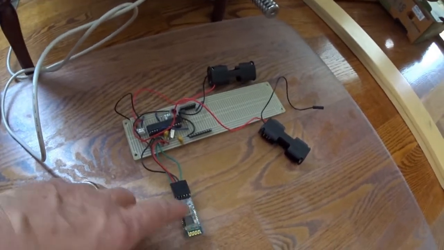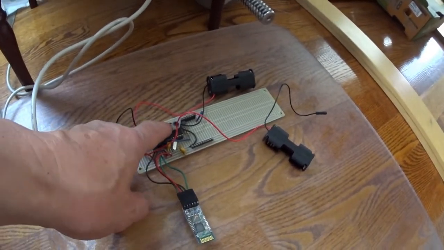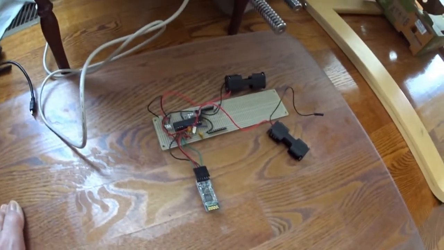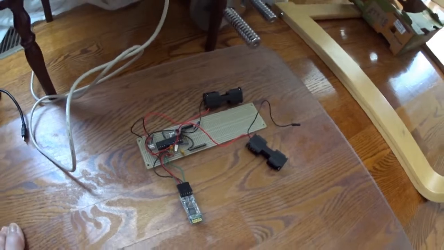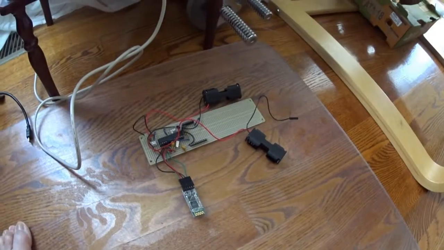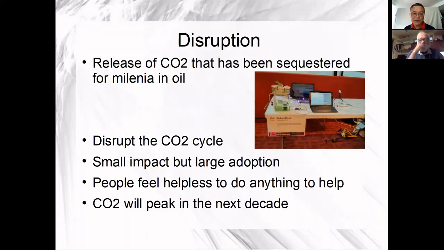That's a Bluetooth module, and then there's 2 headers on this board, one for the solar panel and one for the pump itself. Has 2 batteries.